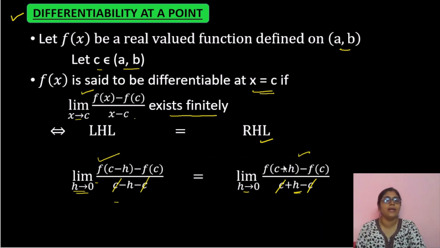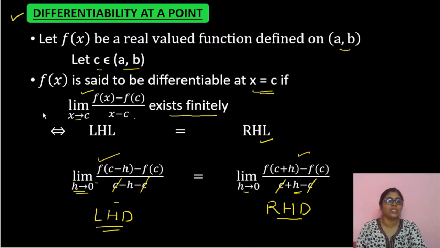Sign will not change. And this left hand limit is also known as left hand derivative, LHD. And this RHL is also known as RHD, that is right hand derivative.